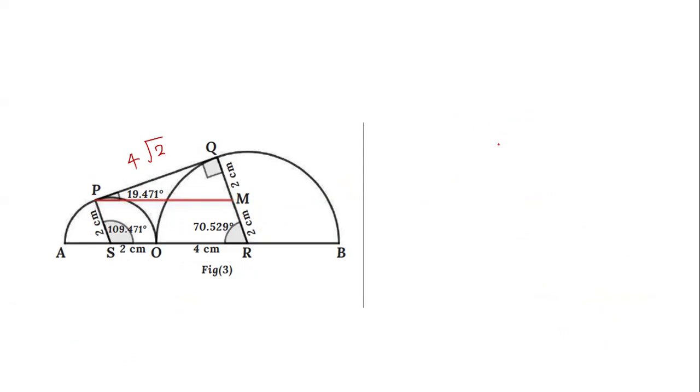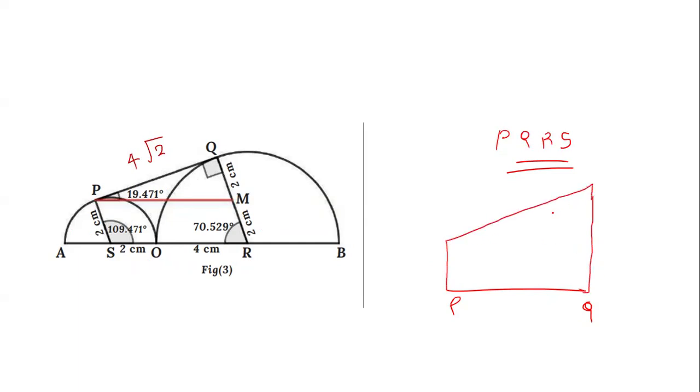Now you see this PQRS is a trapezoid. So this PQ is this base, and there are these two lines, and this one line which is joining these two. So this is S and this is R. So what is the area of the trapezoid? It is half of PS plus QR multiplied by PQ. We know that.